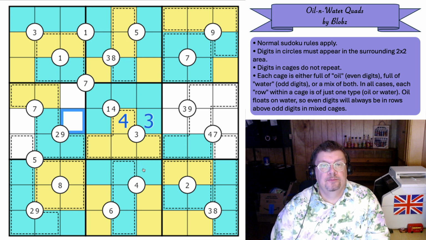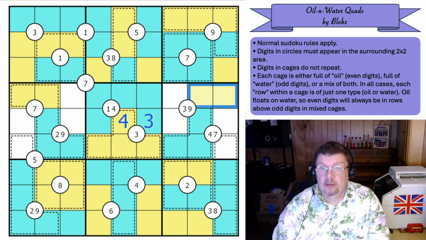Okay. Anything else? One, two, three, four. Yeah, I need 1 oil and 1 water in this column. So that one has to be the water, making those 2 oil.